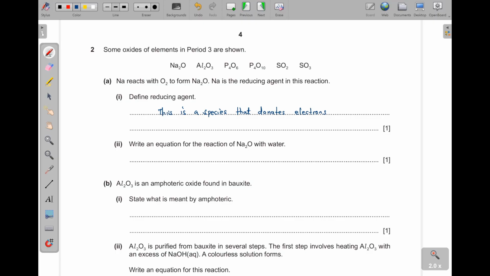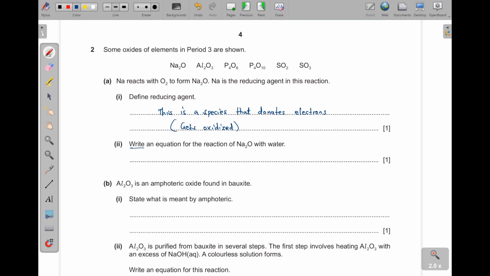You can even say it gets oxidized. That means since it has lost electrons, it has given them out, then its oxidation number is going to increase. So it becomes oxidized by losing those electrons.